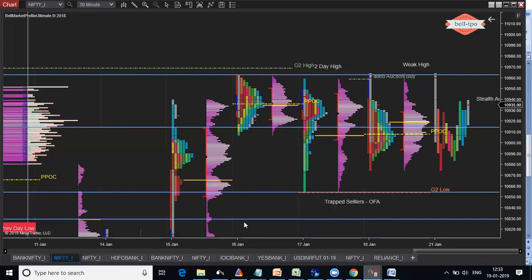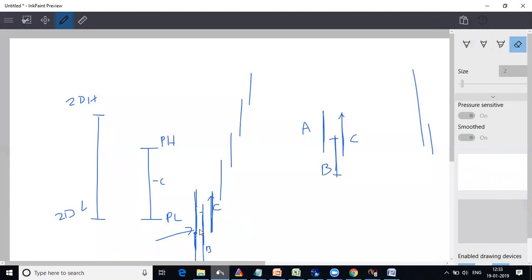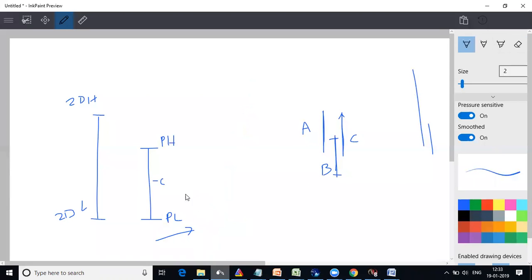Okay, we can put it this way. Let me open that. So A period, let it open like this, or let's say it opens here. It doesn't matter, but the activity happened like this.